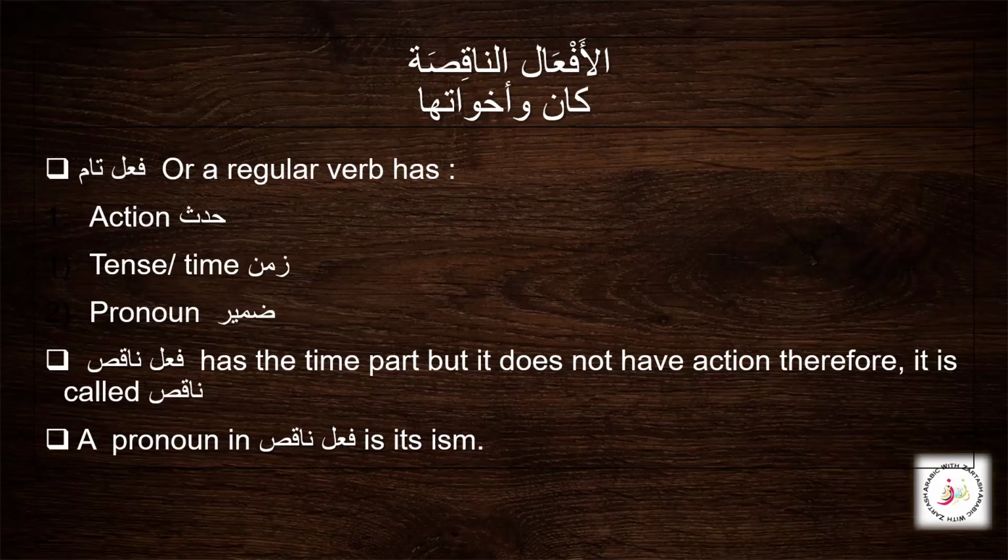So when we say فعل تام, or a regular verb, you can see that it has three things: an action, tense or time, that is the hadath and the zaman, the time, and the pronoun, the damir. So we have these three things in the regular verb, or the فعل تام, that is a full verb.